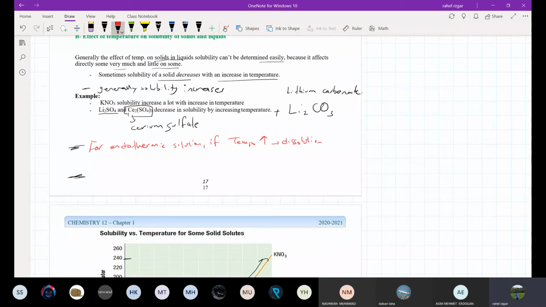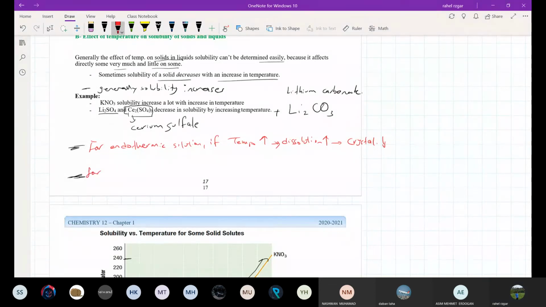The solution increases, then crystallization decreases.